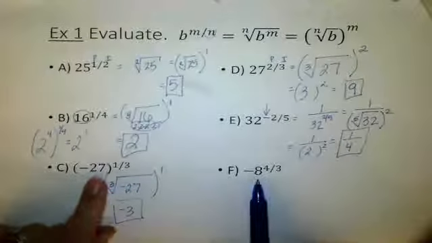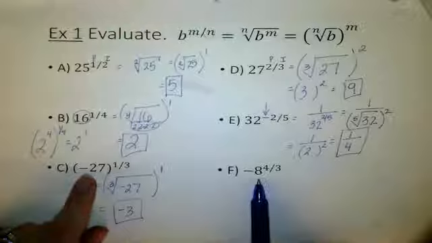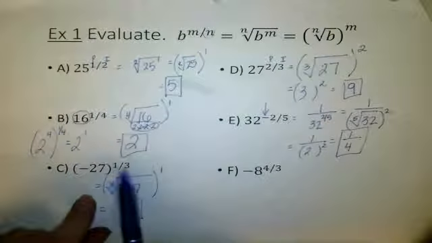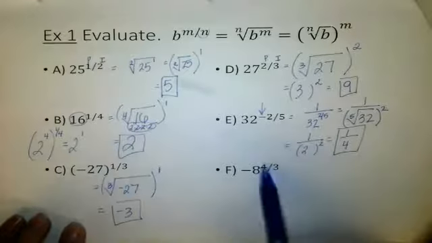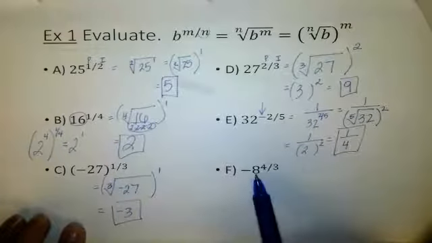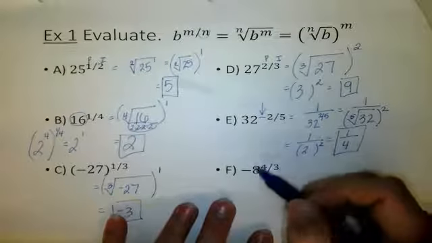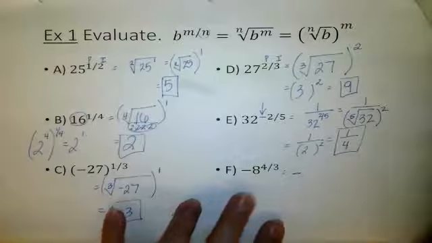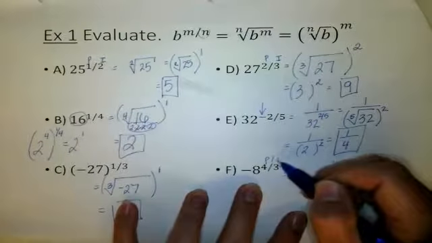What's the difference between C and F? One's in parentheses and one is not. Okay, what does this power affect? Everything in the parentheses. What does this power affect? Just the 8. Okay, so this 4/3 is only affecting the 8, so the negative is sort of just chilling out in front. And so we have power over index.